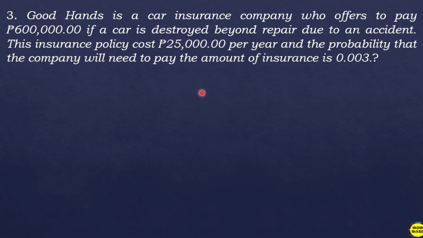Okay. So, let's focus here, class. The insurance company offers 600,000 pesos. And then every year, the company needs to pay how much? 25,000, with a corresponding probability of 0.003.